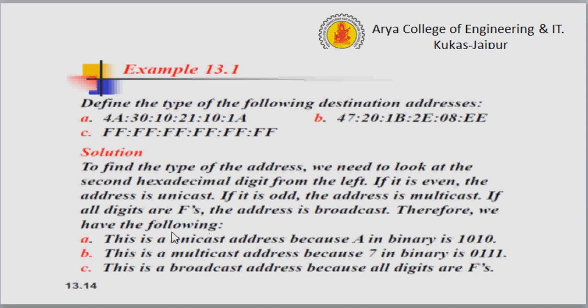Therefore, we have the following. In the first part, this is a unicast address because A in binary is 1010 and 0 is an even number. In the second, this is a multicast address because 7 in binary is 0111 and 1 is an odd number. And in part C, this is a broadcast address because all digits are F's.